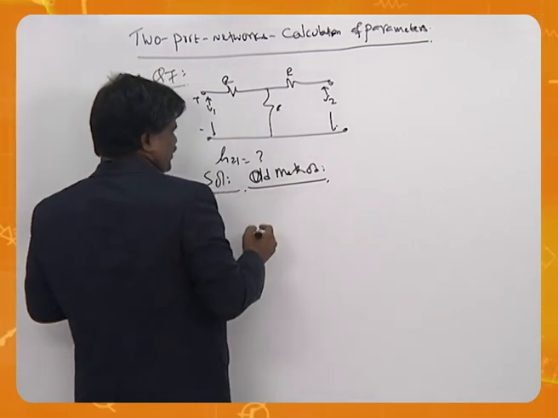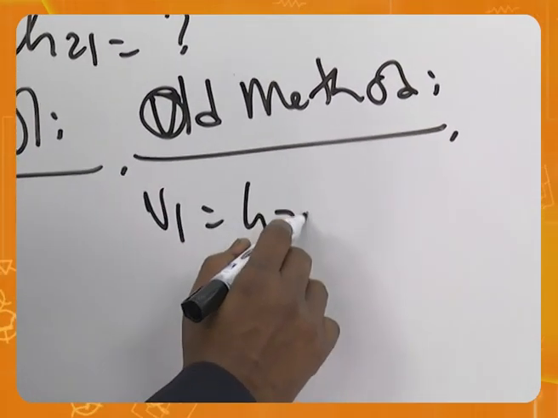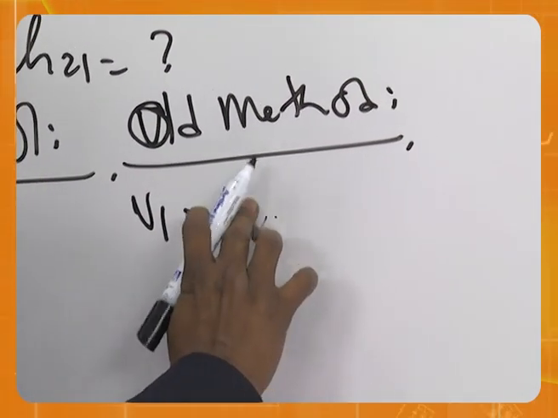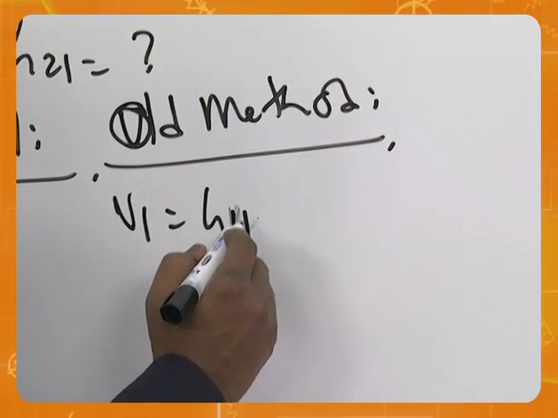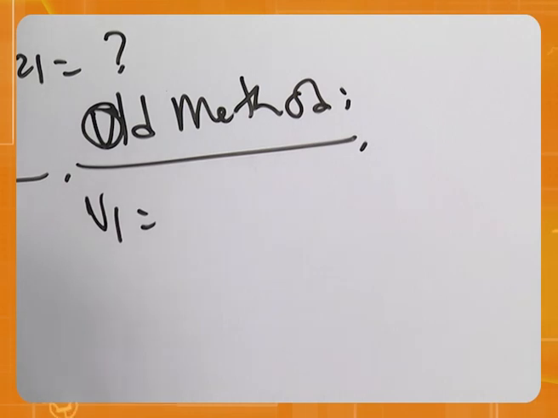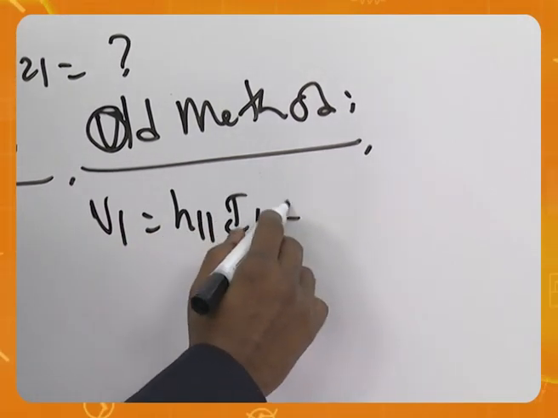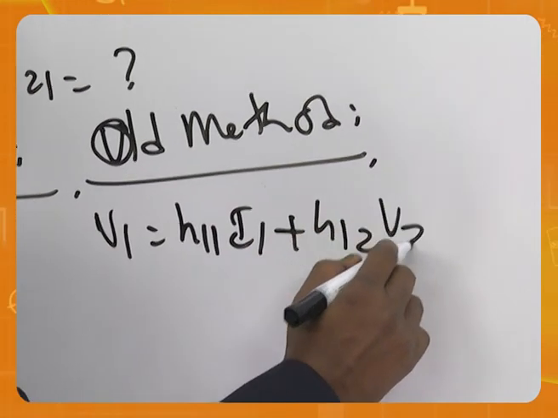In the old method, the first step is to write the equations: V1 is H11 I1 plus H12 V2.